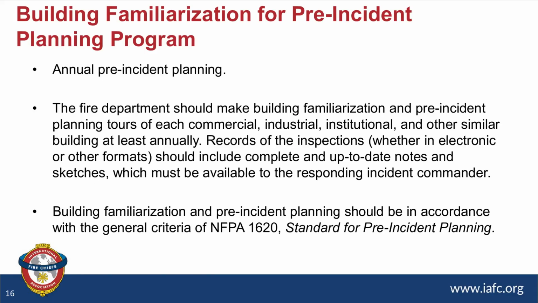It should include layouts of the building and any notations that the firefighters should be aware of, possible hydrant locations, standpipe locations. It should also include records of incidents in the past, possibly, but you should be following the NFPA guidelines of 1620 as it was laid out for you.